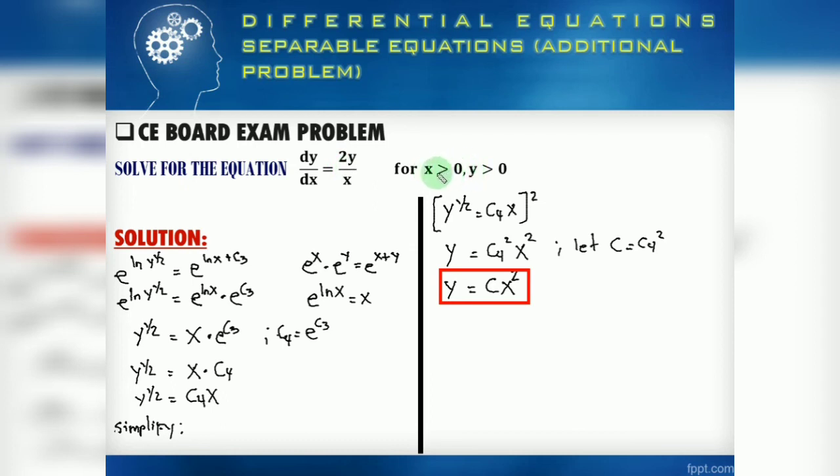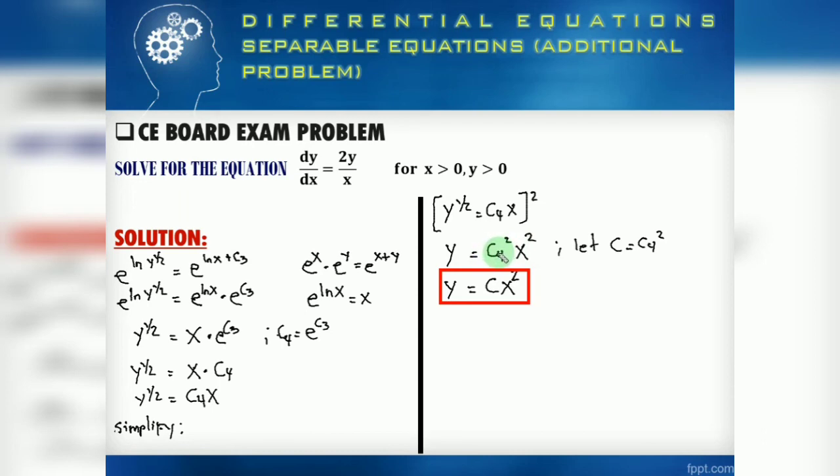Okay, so again, I will reiterate, if the problem gives you a specific value of x and y, you can substitute it here, even at this point of y equal to c4 squared times x squared. Okay, and then after substituting your x and y, you can get your specific value of your constant.